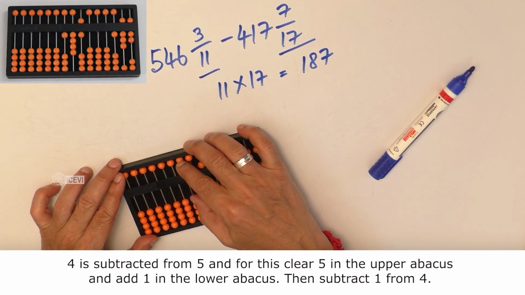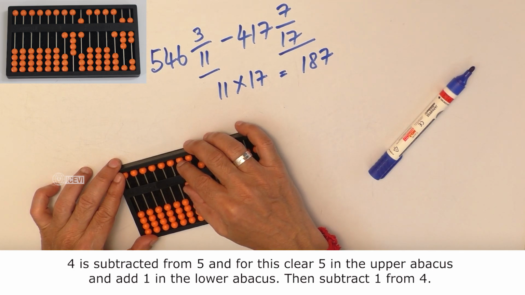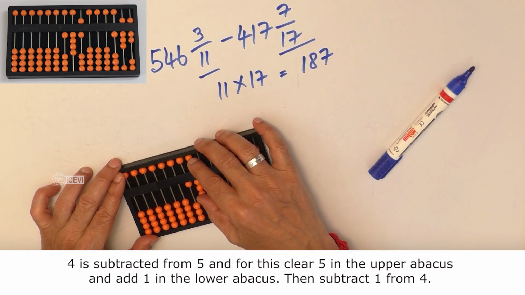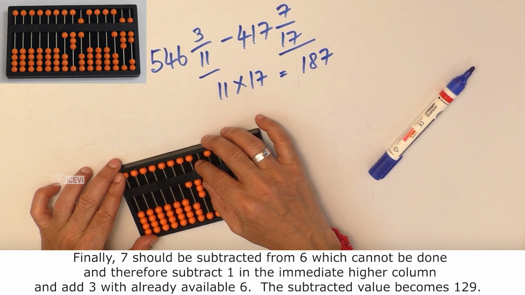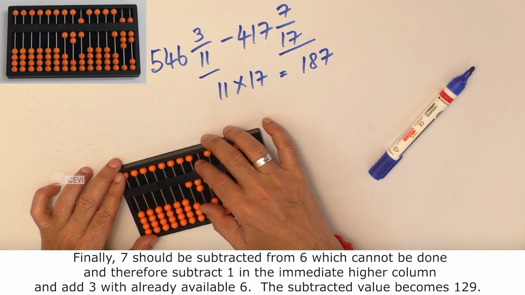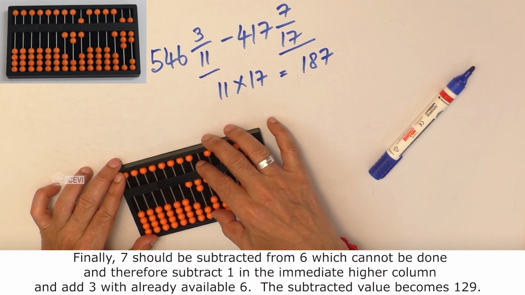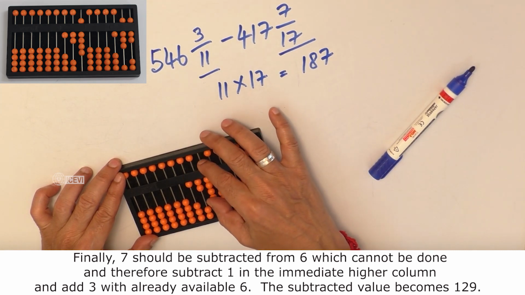For this you clear 5 in the upper abacus and add 1 in the lower abacus. Then subtract 1 from 4. Finally, 7 should be subtracted from 6, which cannot be done, and therefore subtract 1 in the immediate higher column and add 3 with the already available 6. Now the subtracted value becomes 129.